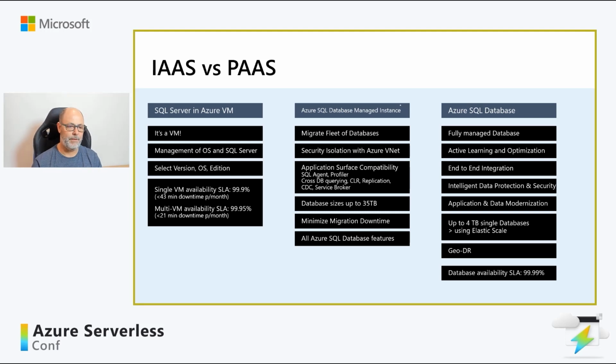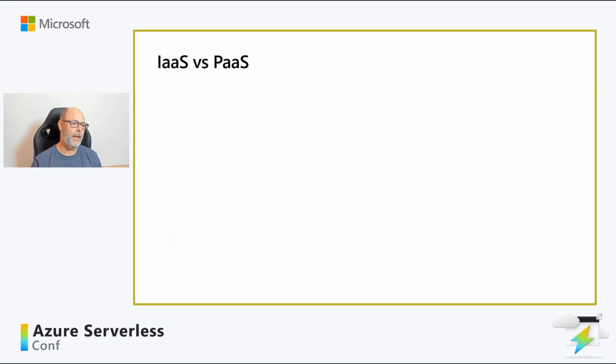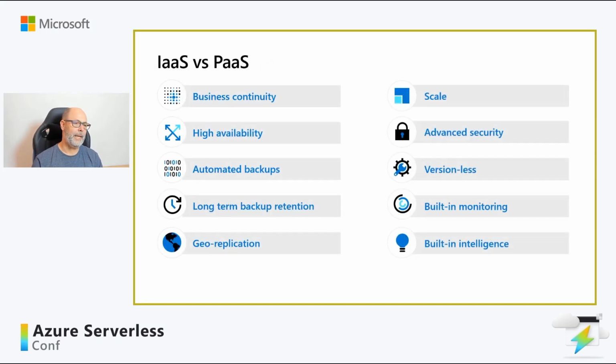So here are the three offerings that we've been discussing now. Azure SQL: SQL Server running in Azure virtual machines, right? Managed instance, and Azure SQL Database. And then we can name a few topics related to infrastructure as a service and platform as a service.